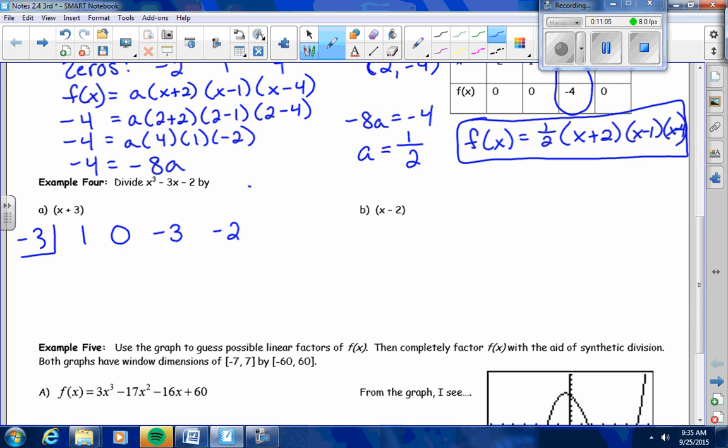So -3 is what goes in the box. What we're doing here is checking to see, is -3 a 0? Meaning that x plus 3 is a factor. Let's check it. We're going to skip a line, and then draw a line. And then between the -3 and the -2, below that horizontal line, I'm going to draw a small vertical line.